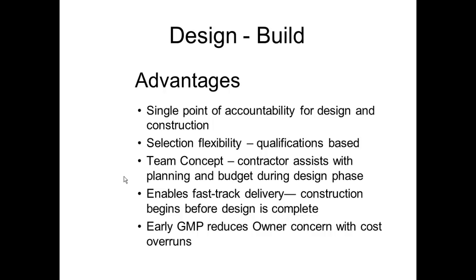And of course, the worst thing that can happen is what we call scope creep. Scope creep is where the owner, during the construction process, makes a decision to change something or add something to the project. Becomes very expensive. The contractor design build outfit already has a contract.